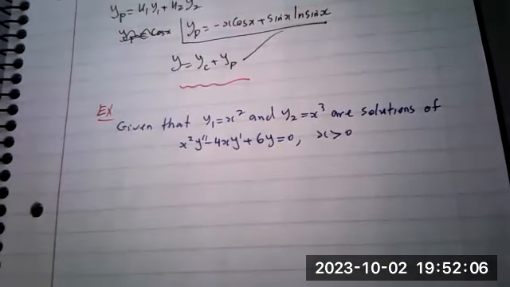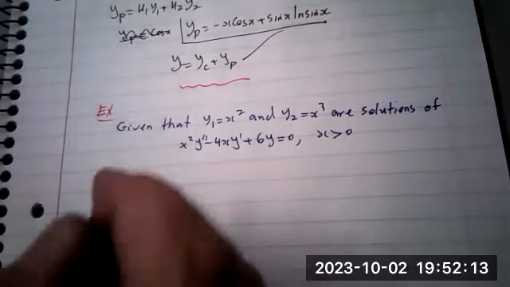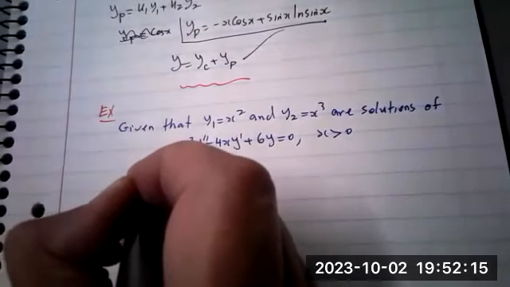So it's given, so you don't have to check it. So these would be the solutions of the homogeneous equation. Now they ask you, oh, find the general solution of this one.